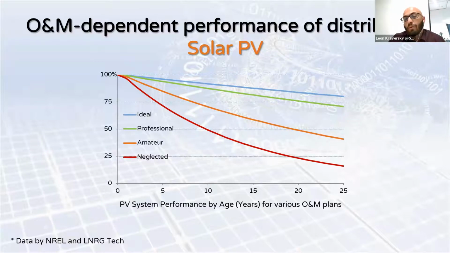Now, imagine also that in order to achieve this blue line or green line, you need to invest money in O&M. And of course, the more money you need to invest, the less profitable your facility becomes. But what is obvious is that if you are somewhere between orange and red, you are not profiting from your facility at all.